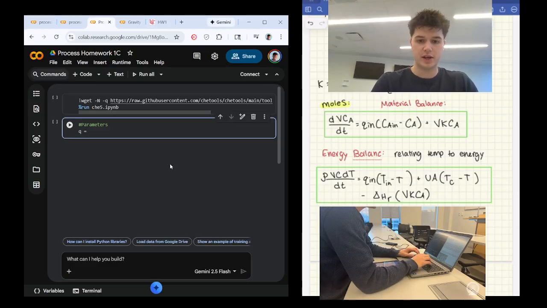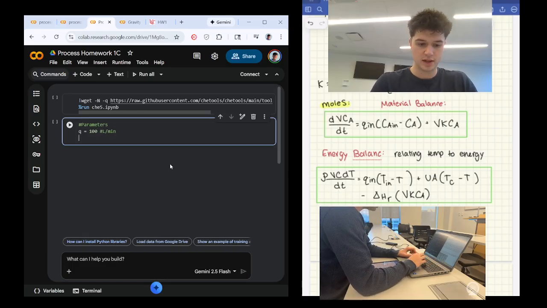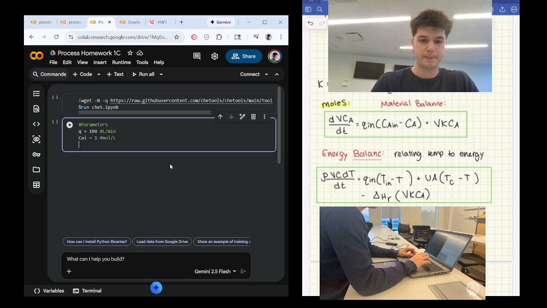The first is Q, and that is equal to 100 liters per minute. Next is concentration, CAI, which will be equal to 1 mole per liter.